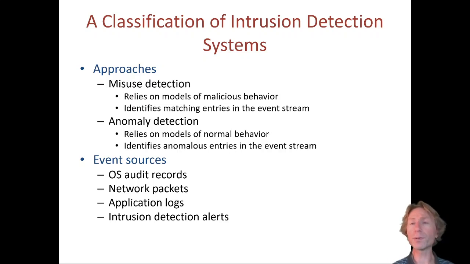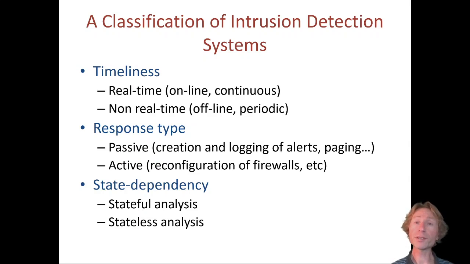You can also classify by the sources of the events. For instance, are these OS audit records, are these network packets, application logs, or intrusion detection alerts, and so on. We can also look at the timeliness. Is the IDS operating in real time, so online, continuous, or is it non-real time, where you operate maybe offline and maybe periodically you process your logs and see whether there has been an attack.